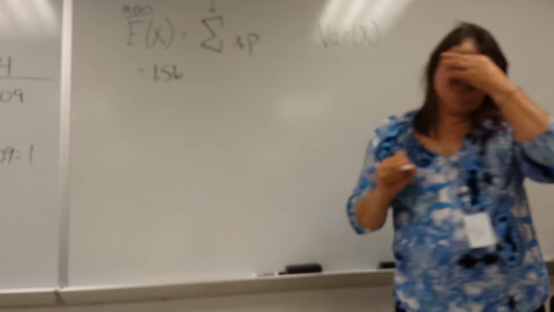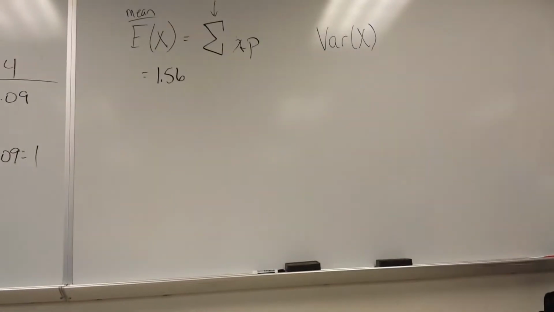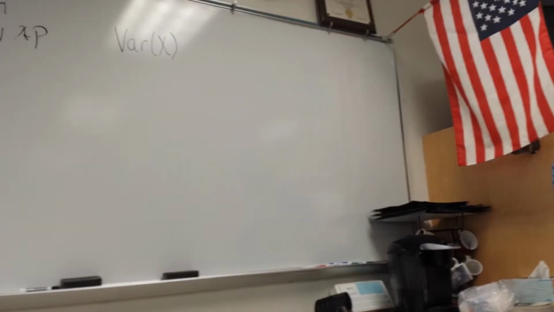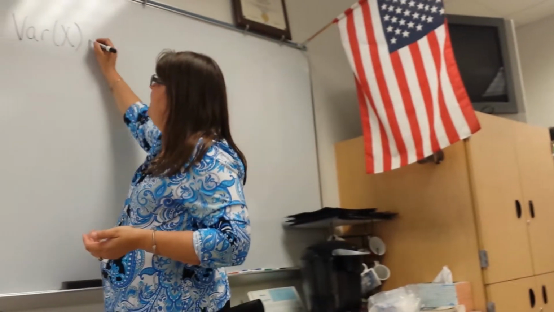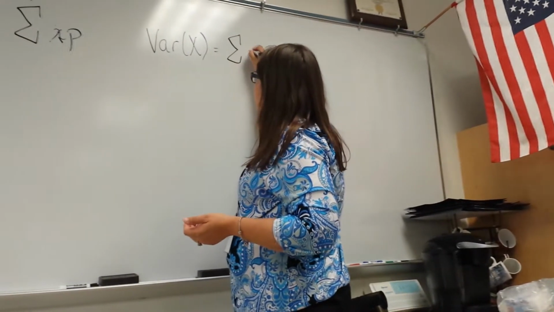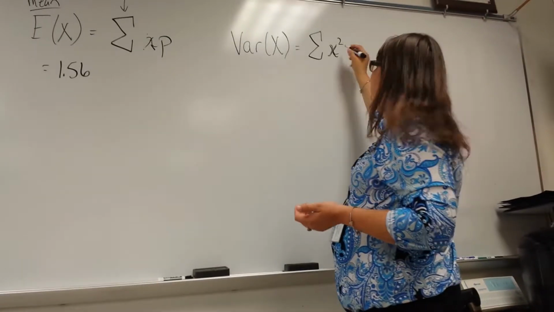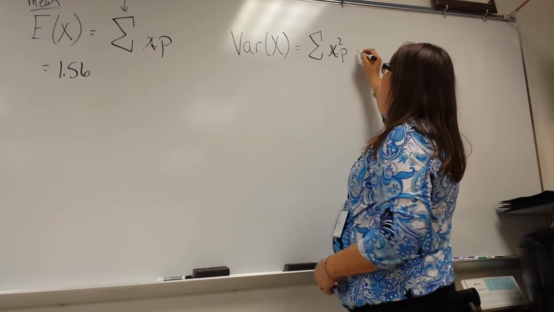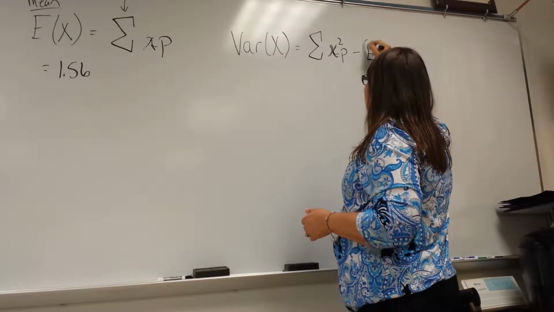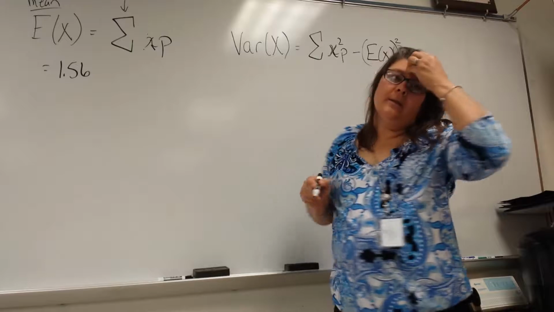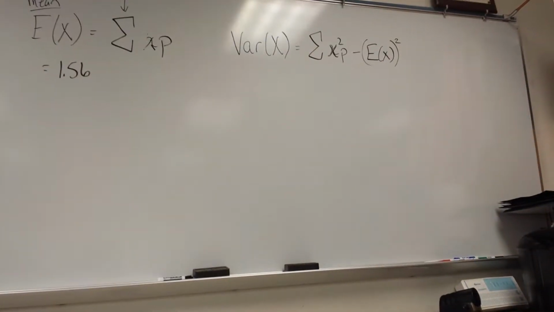All right, so variance. Now, the beauty of this is that you don't have to have it memorized, because it's right there on your formula sheet. I'm going to write it out. That's little x squared, that's little x. I don't know how they write it on your formula sheet. Do they have parentheses around it?